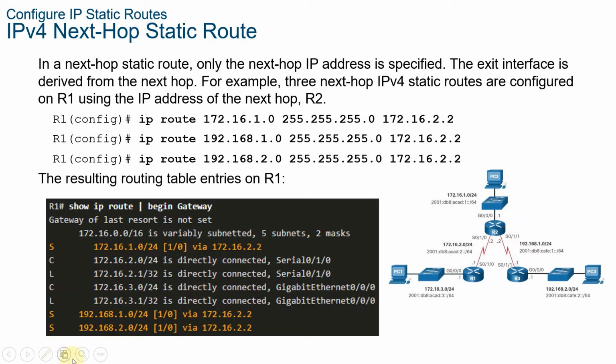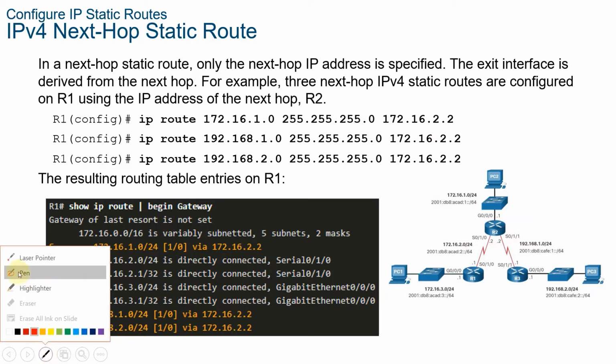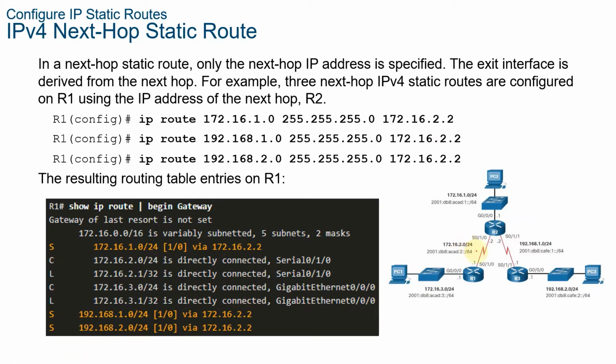If I am R1, this is me, and the next hop IP address to reach the remote network is this, and that is 172.16.2.2. That's why you'll have it here.